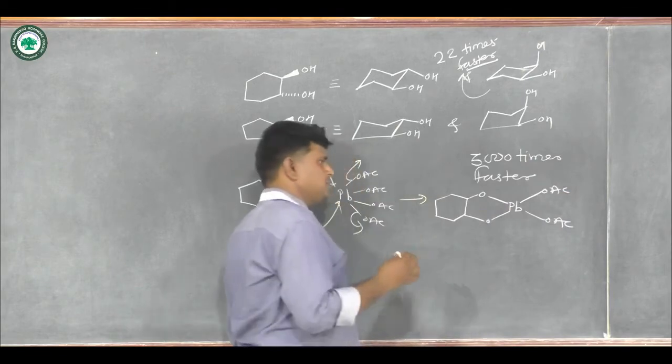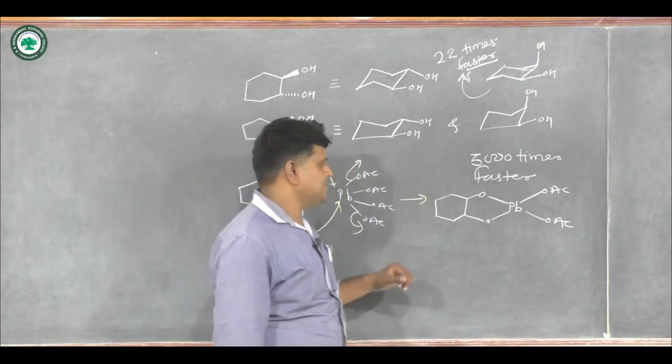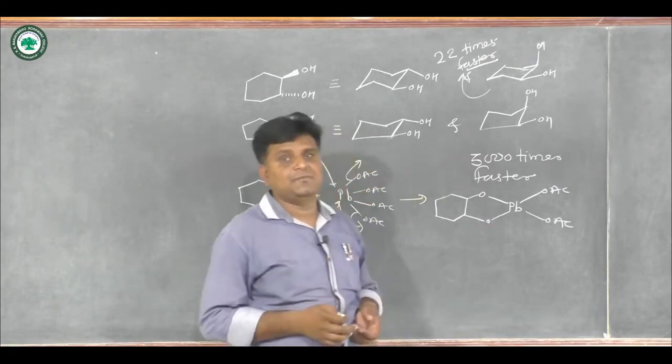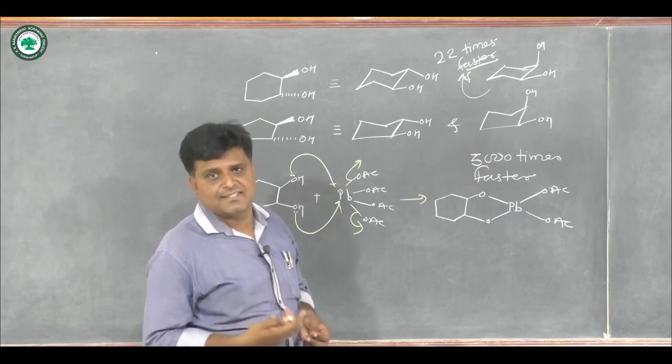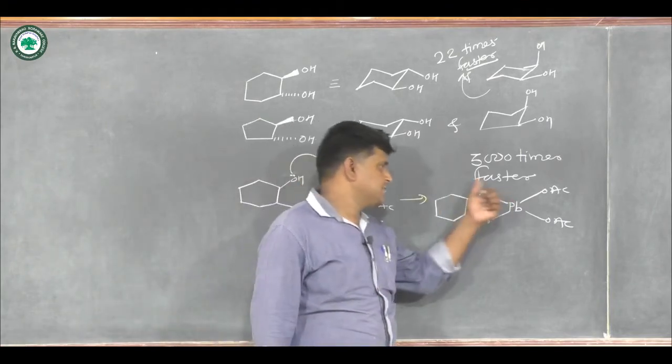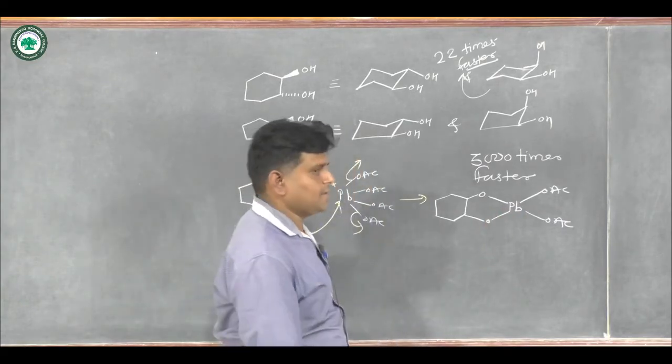Okay, this is one of the intermediates having a 5-membered cyclic ring system, and in this case the 5-membered cyclic ring system can form very easily if the dihedral angle between hydroxyl groups is less. At that time this intermediate can form very easily and faster.